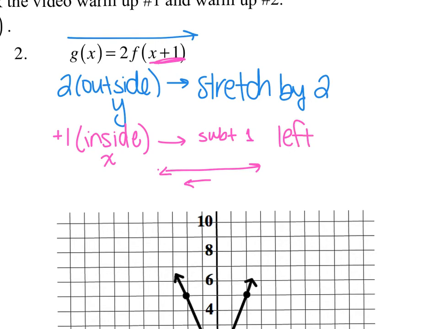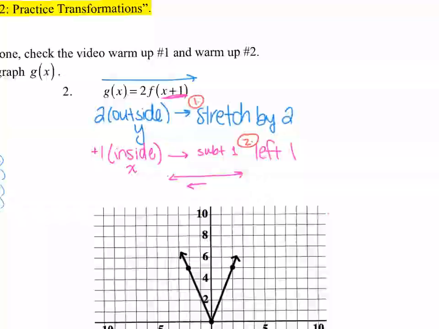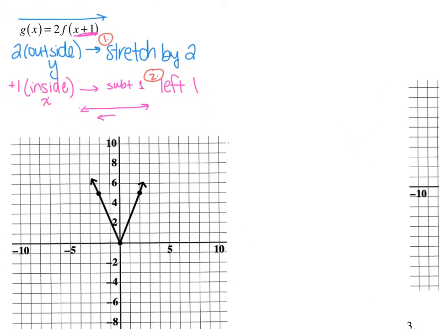So how I would describe that in words is left 1, or horizontal shift left 1. So those are my transformations. I have to do this one first, that one second. So again, I want to write down my points. And just to remind you of the table option, because it really does not matter, I'm going to write those points down, which was -2, 5, 0, 0, and 2, 5.